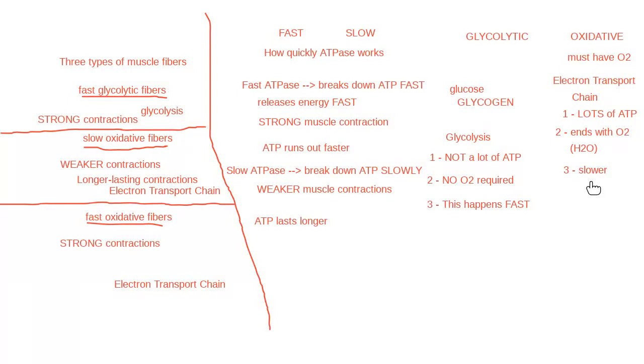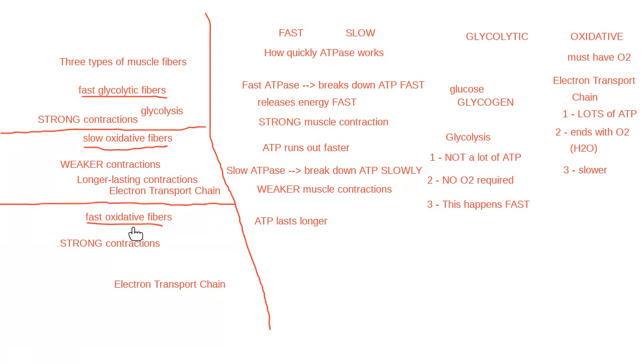So as we start looking at activities that you do with different muscles, if we need one really strong burst of energy, just once, all of a sudden, we would use our fast glycolytic fibers to help with that. If we're talking about more of a strong repeated movement that we might have to do, that's when we would want to use our fast oxidative fibers.